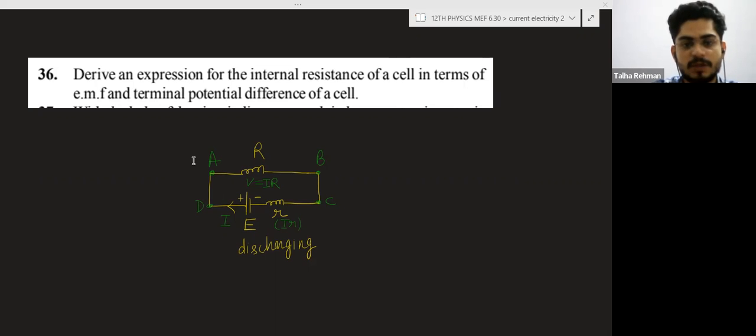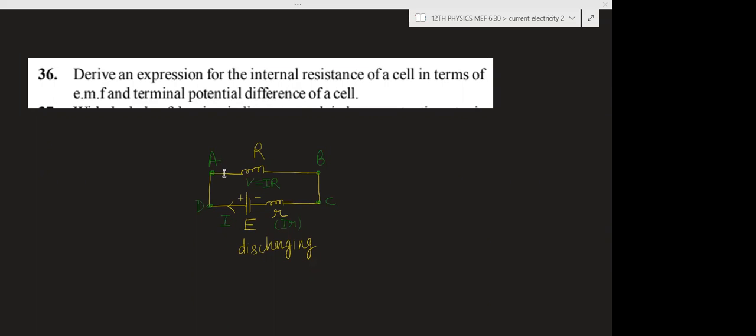Matthew, which direction do you want to choose? In the direction of current or in the opposite direction? You will get the same result. So you can go in the direction of current.